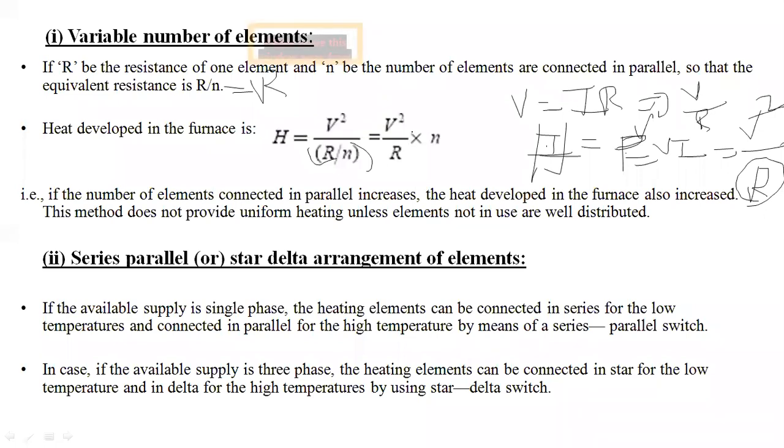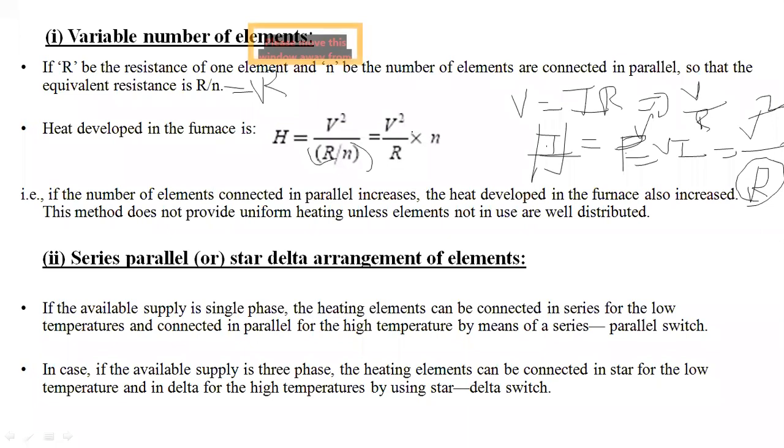So there is one advantage and, in the meanwhile, a disadvantage. The advantage is we can develop a high amount of heat in the furnace, but we cannot have uniform heating. This is one of the disadvantages.